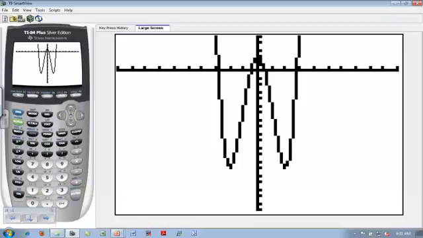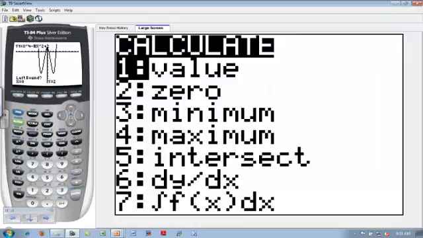Okay, how could we find out where the horizontal tangents are just doing it graphically? Josh? Yep, looks like there's a horizontal tangent there. Can I find out exactly what the calculator thinks that is? What's something called a minimum? Second, calc, and minimum is option number 3.